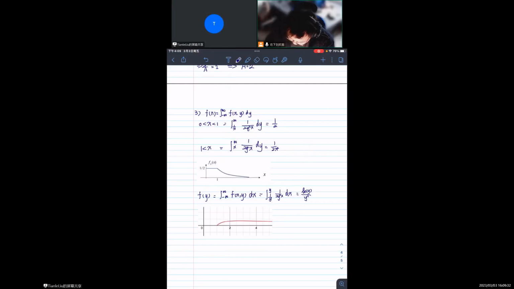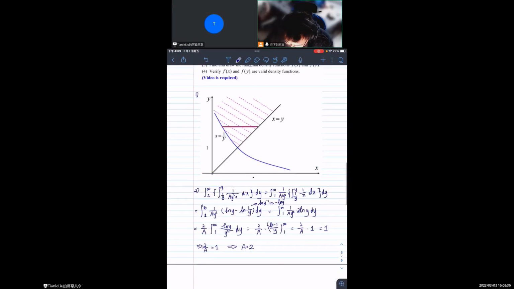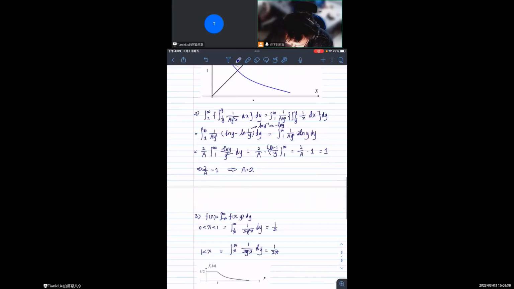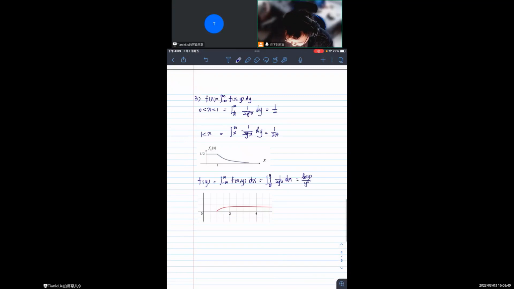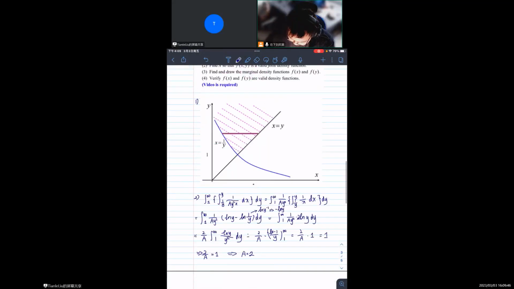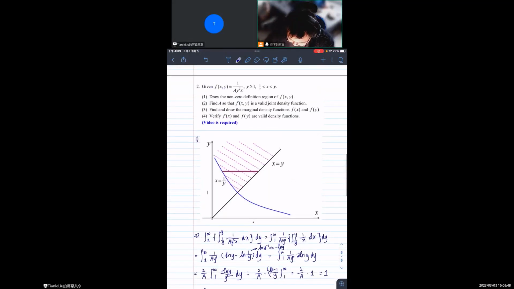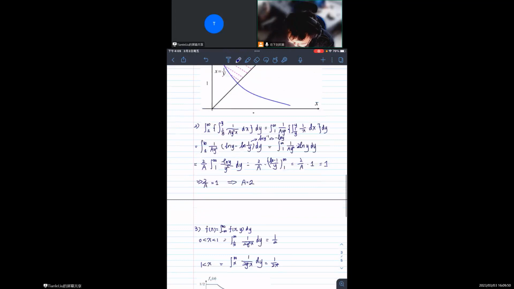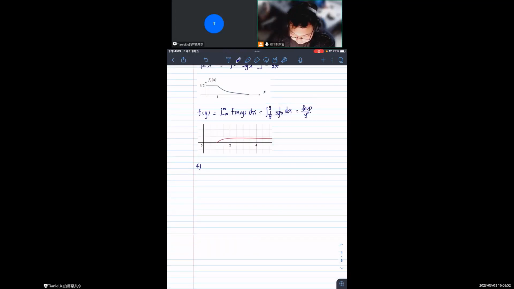So this is it for this problem. We found the marginal density functions for f_X and f_Y and drew out the graphs. So how do we test that f_X and f_Y are valid density functions? Same way as in the previous question.